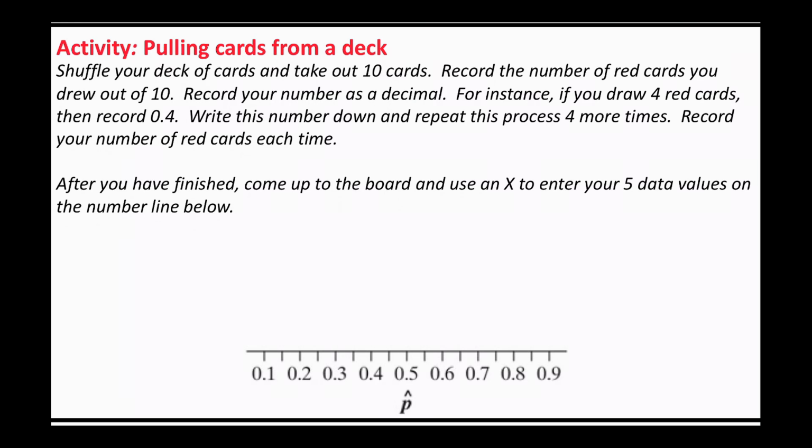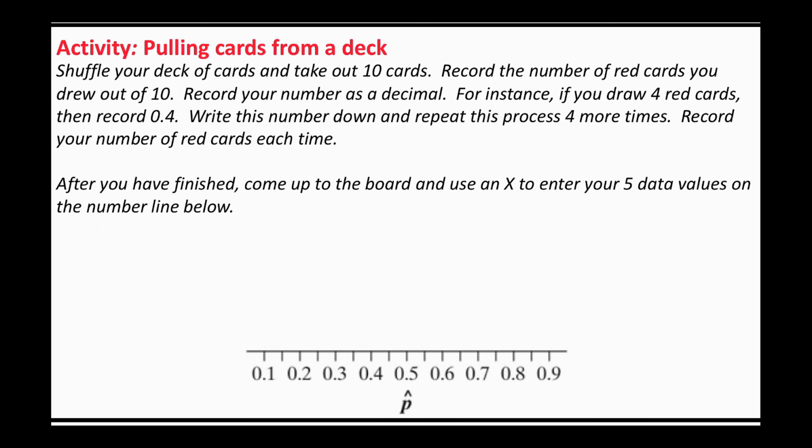We don't need those. Everything else is okay. So you should have 52. Take out the jokers, take out the instruction cards. Take out all of those and then shuffle them up as best you can.